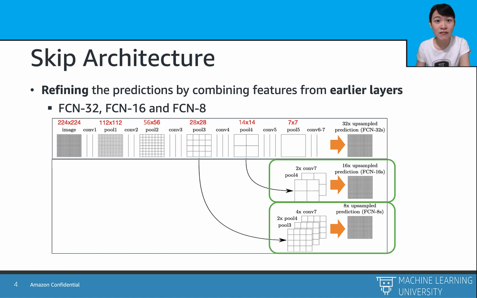Or we can go down to even more granularity and apply FCN8s, that is to extract the information directly from the Pool3 layer and add these 2 times upsampled Pool4 layer and 4 times upsampled Conv7 layer. With the summation of these 3 layers, we can apply 8 times upsampled predictions.